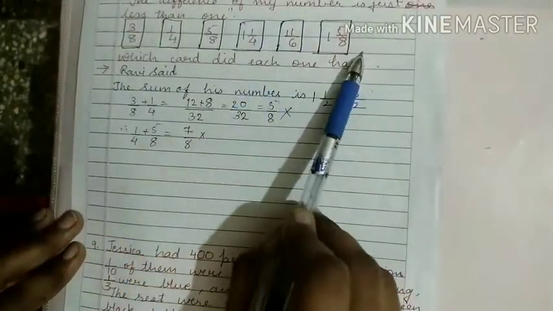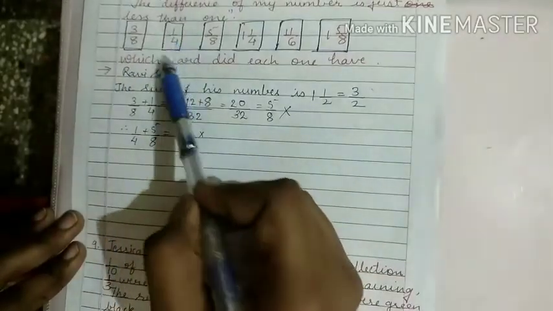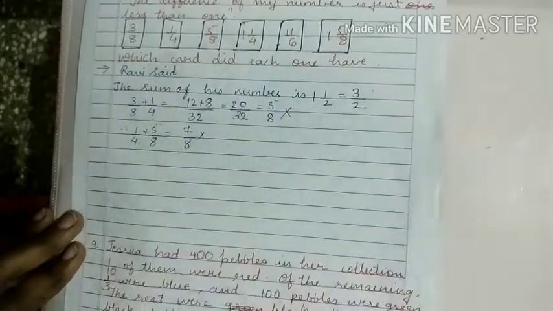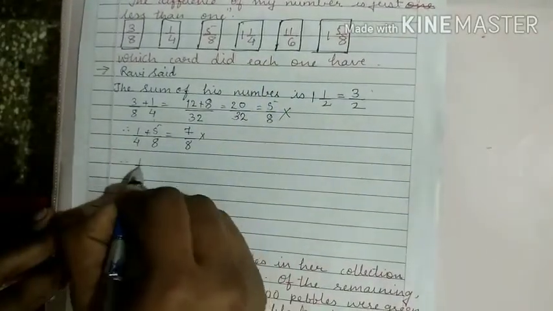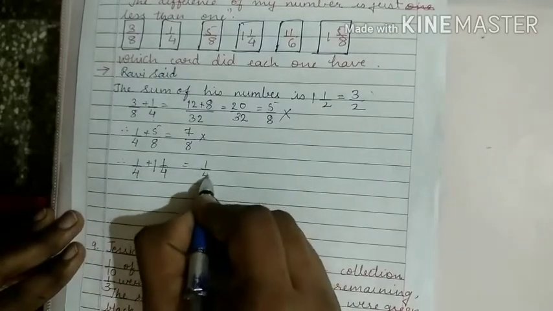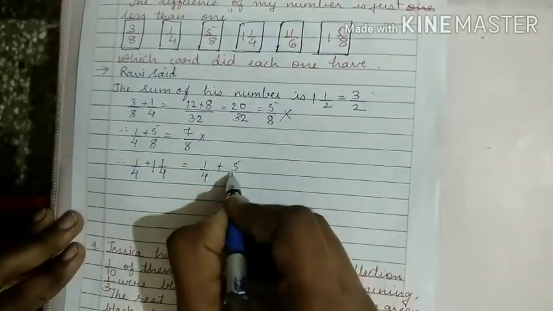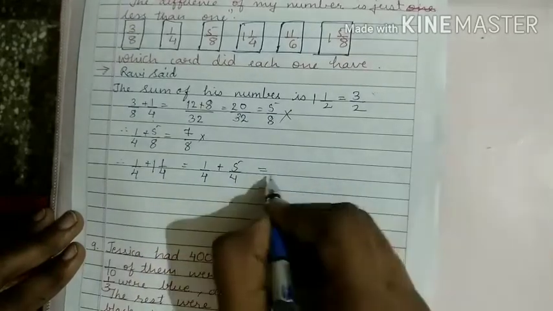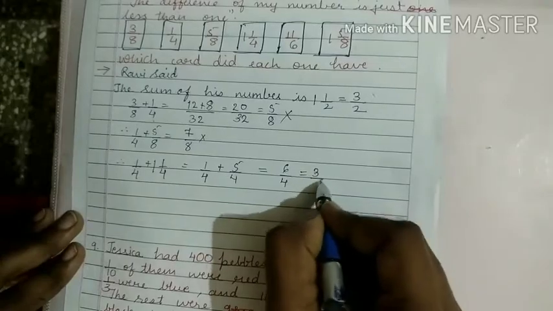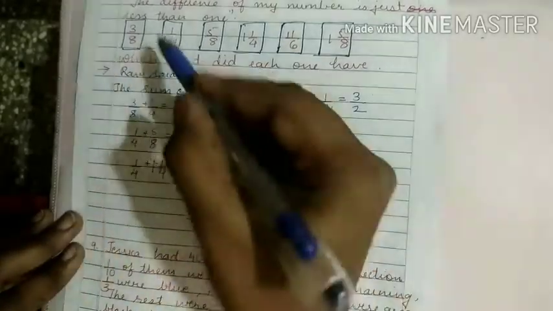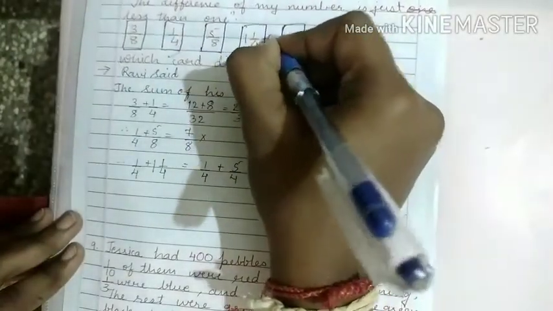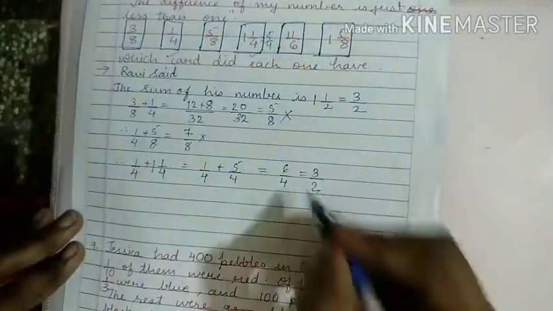Now I'm going to consider this number, that is 1/4, and this number, that is 5/4. 1/4 plus 5/4 is equal to 6/4, which is equal to 3/2. So when I consider 1/4 and this 5/4, I'm getting 3/2.